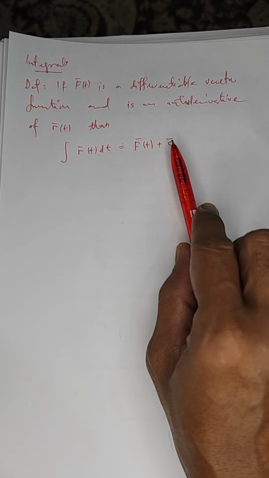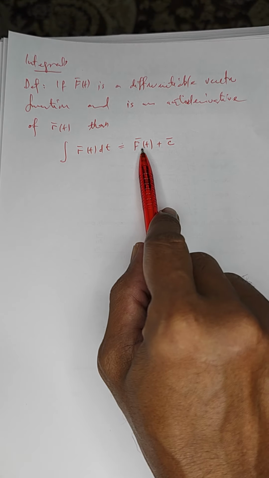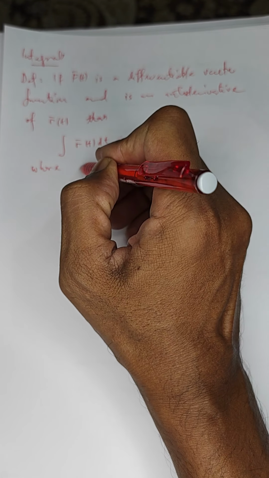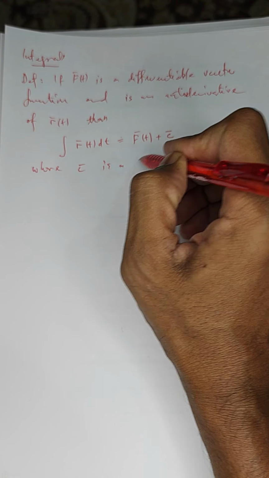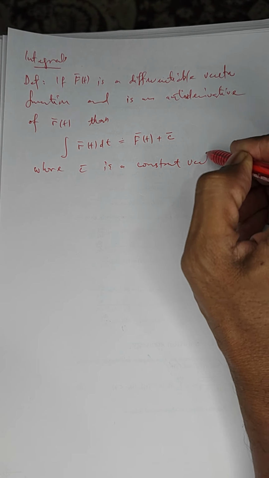So the constant here is a vector, a constant vector, and F is the antiderivative of r.